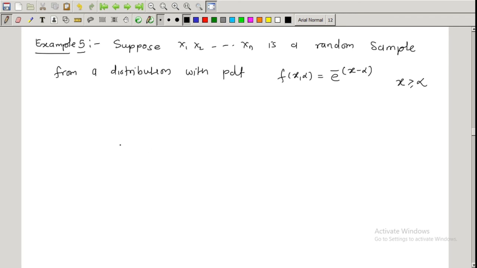Find the MLE of alpha. Find the maximum likelihood estimator of alpha.